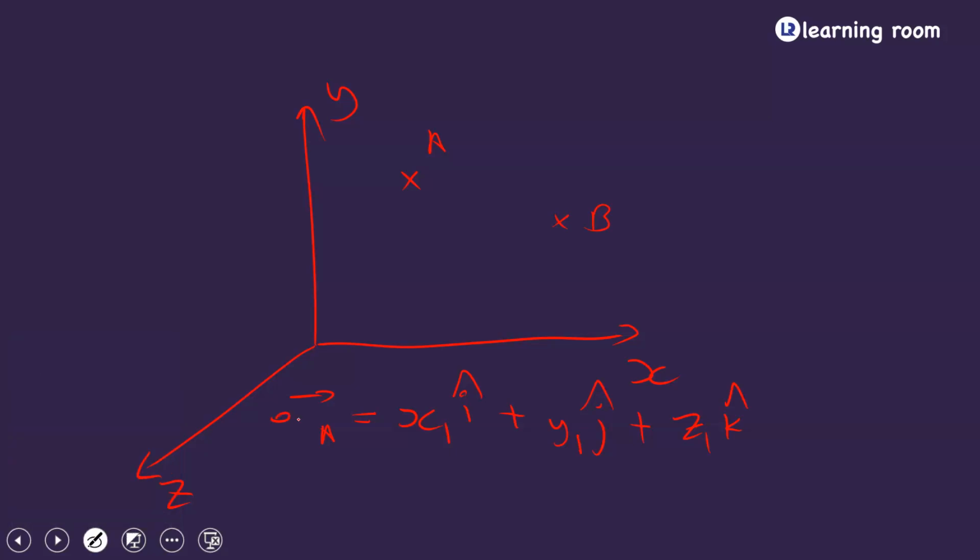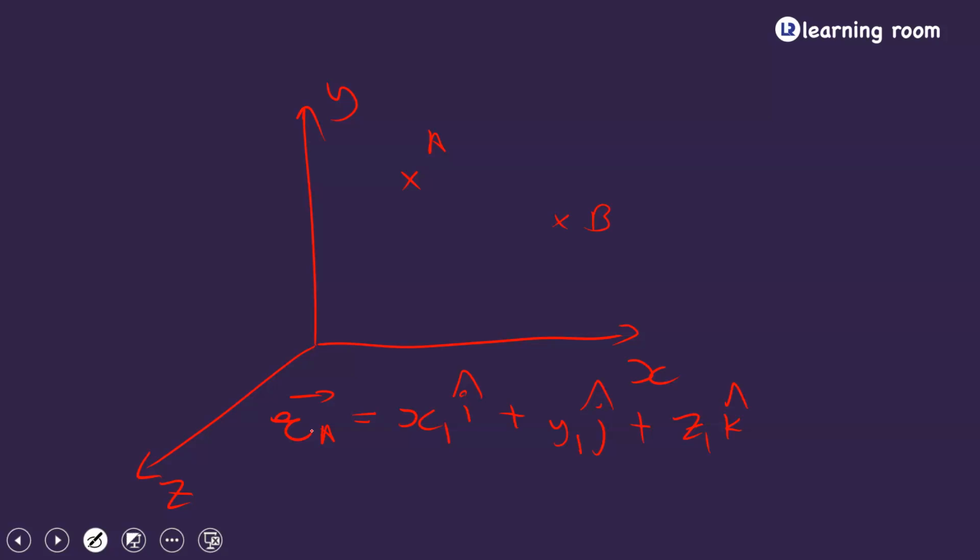What do you guys write? You write R. This is R. It refers to the position of A, and anything in that direction, the direction point.